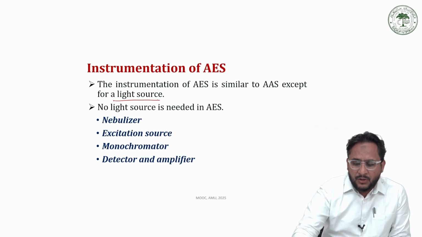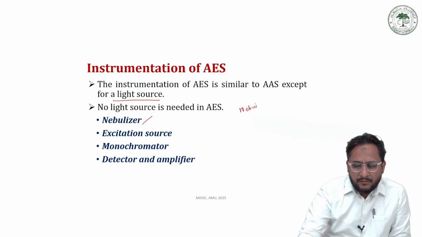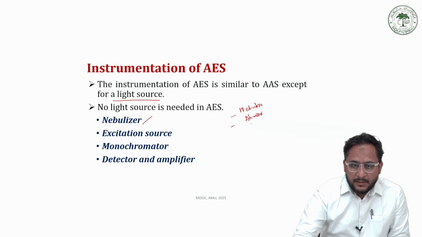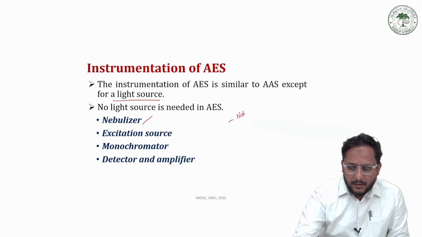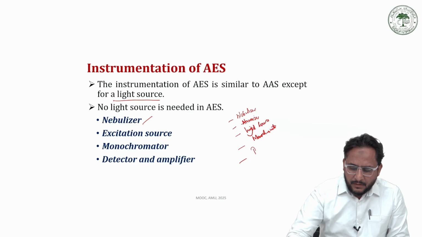So in atomic absorption spectroscopy, we have a nebulizer, we also have atomizers, then we have a light source, followed by a monochromator for selecting specific wavelengths, a detector, and an amplifier.